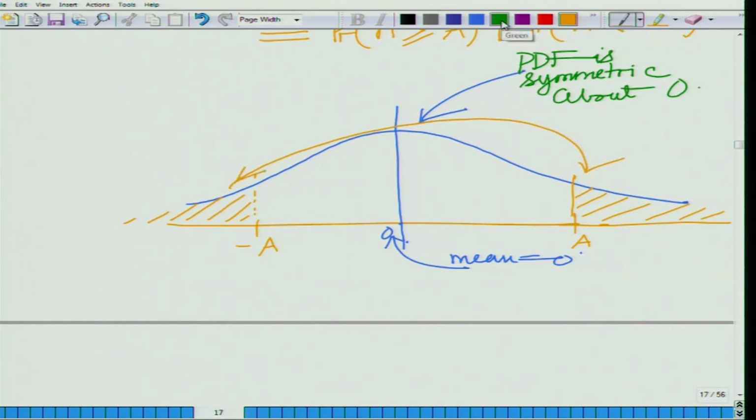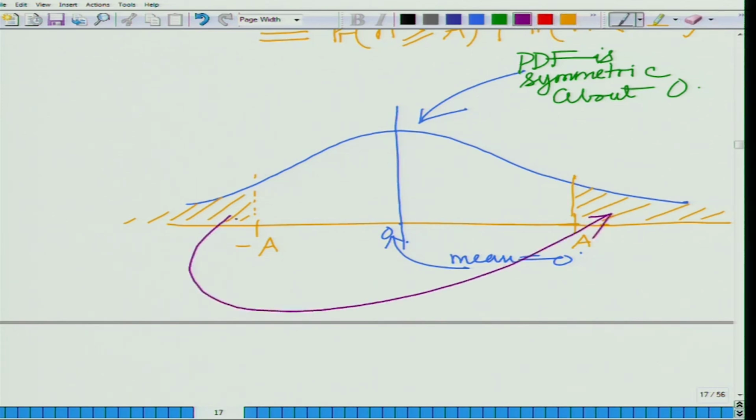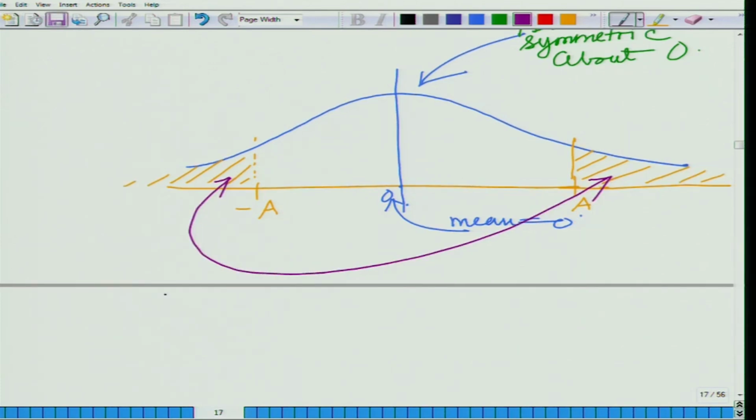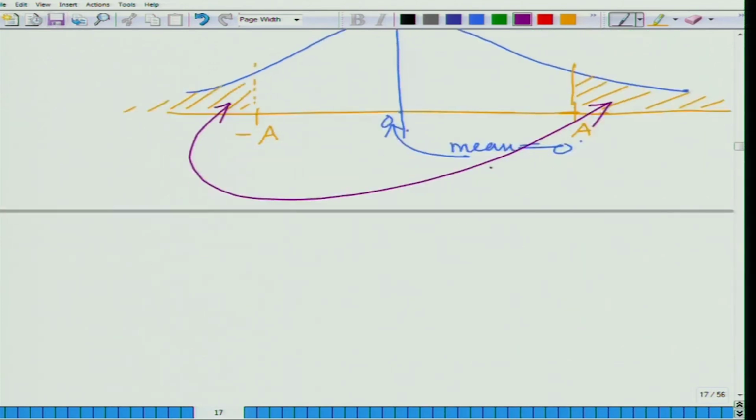You can see by symmetry these two tail probabilities are equal.